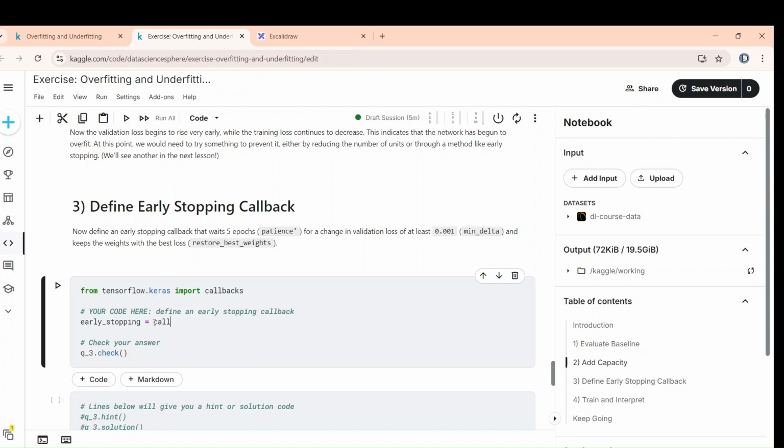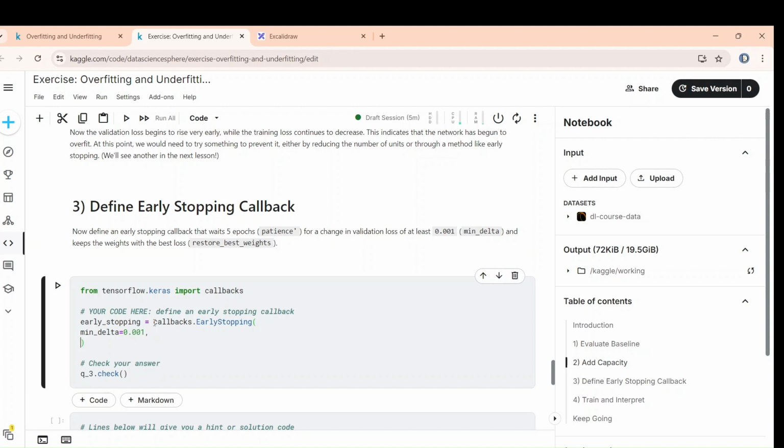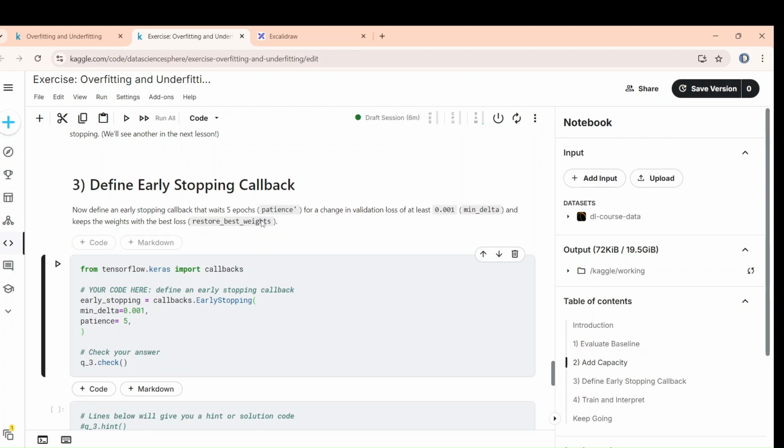We have to use callbacks.EarlyStopping, and here write min_delta equals 0.001, comma, what are the other things? Patience. So patience equals 5 epochs, comma, restore_best_weights.